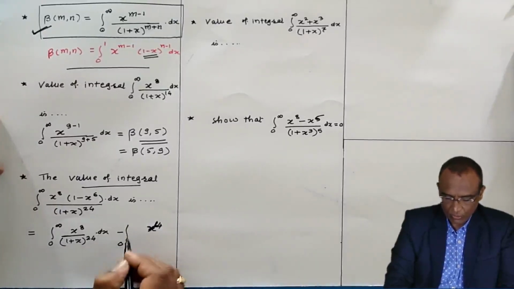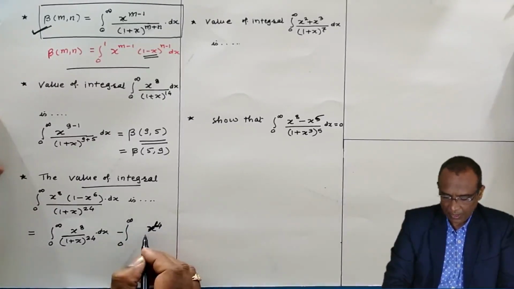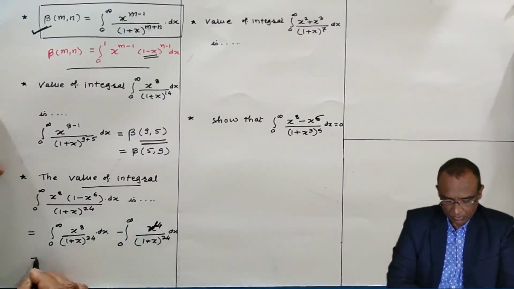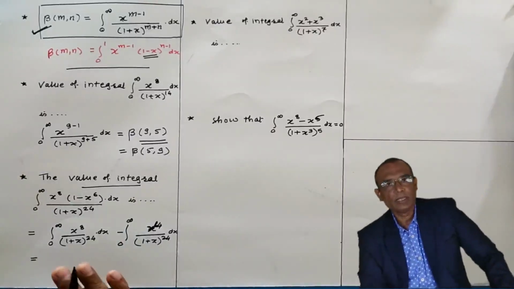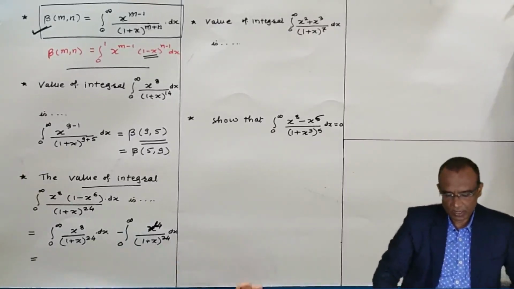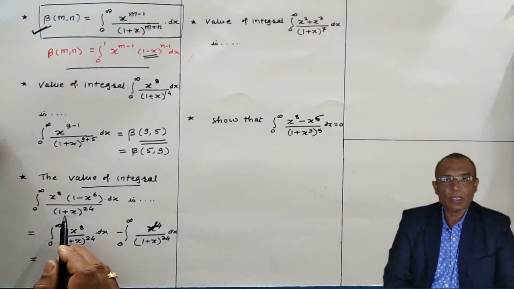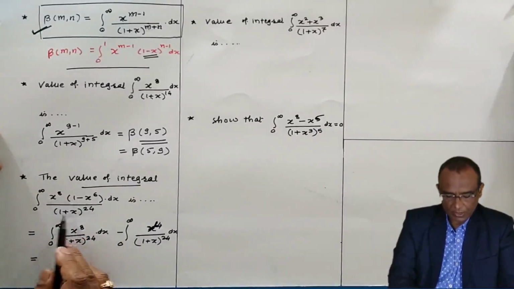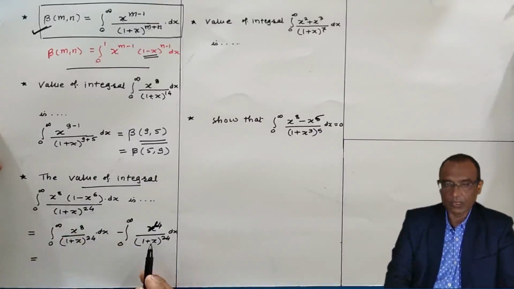And the integration sign also I am separating. x power 14, 1 plus x power 24. Now, directly I have written. I have distributed the integral sign, I have distributed dx. Then I have distributed the denominator also, x power 8 by this denominator, x power 14 by this denominator.